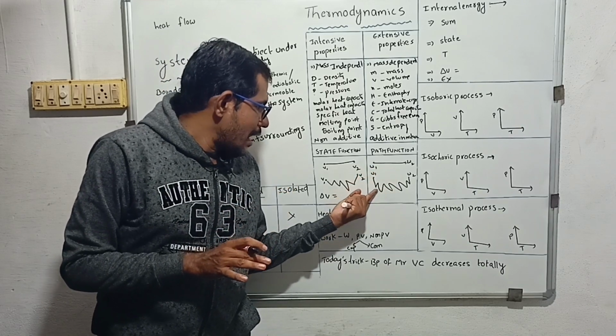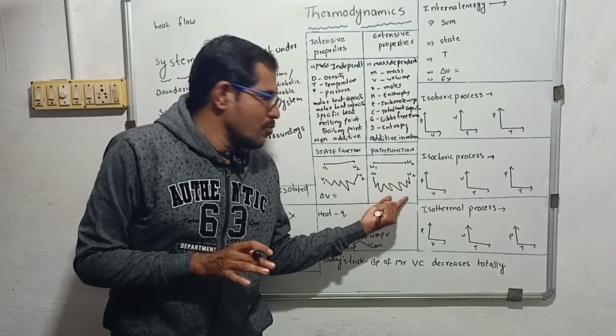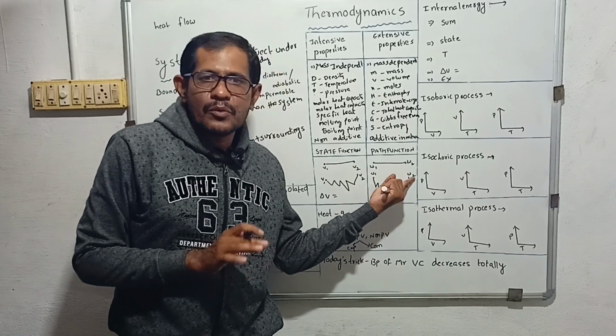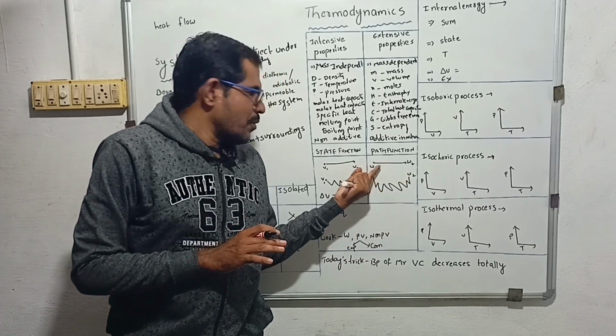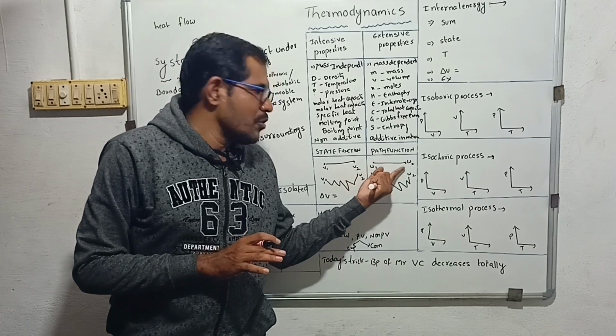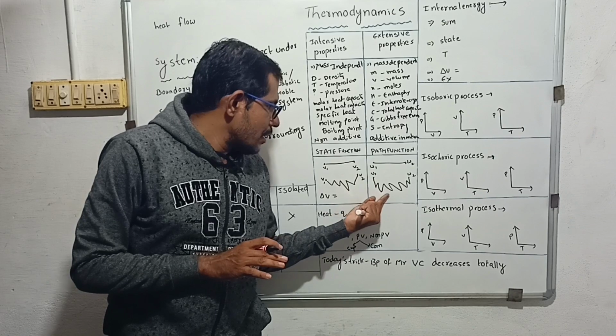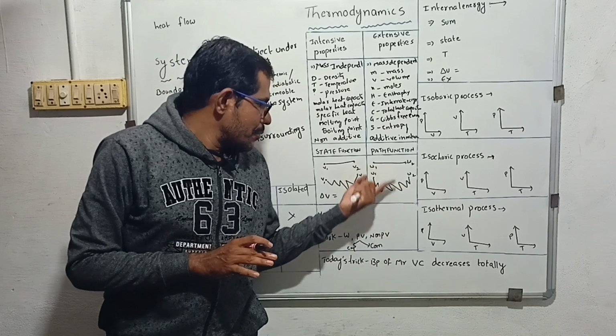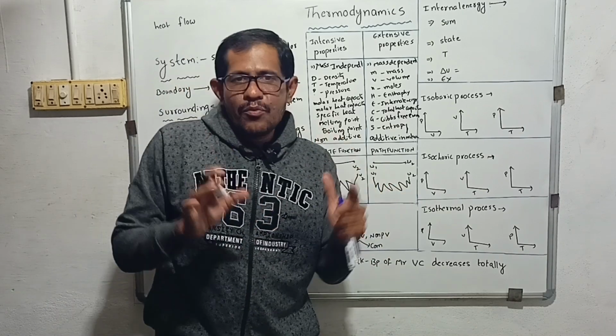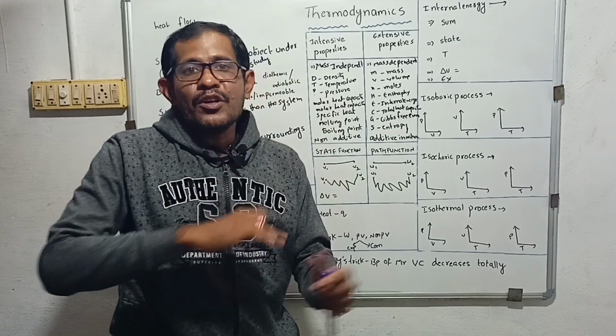In this case, he has to do more work to come to this point. In the first path, directly he went from W1 to W2. In the second path, he went this way from W1 to W2. That means the second time, he did more work. So work is the path function.